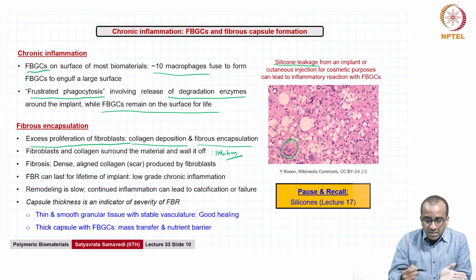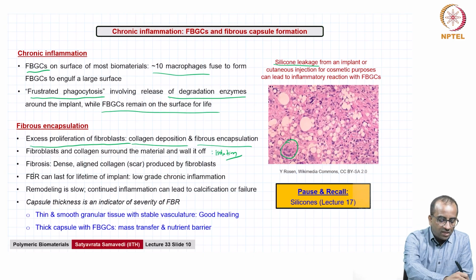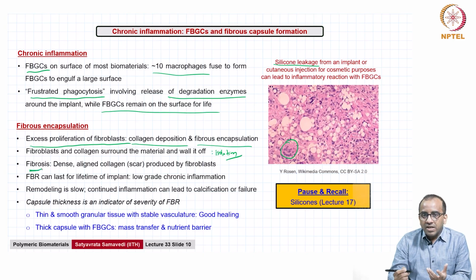Now, it's when it leads to fibrosis that it is a problem, where if you have dense aligned collagen scar produced by fibroblasts, that is when the implantation becomes problematic, because now the capsule is so thick that the material is unable to interact with the outside environment and is not able to do its function properly.